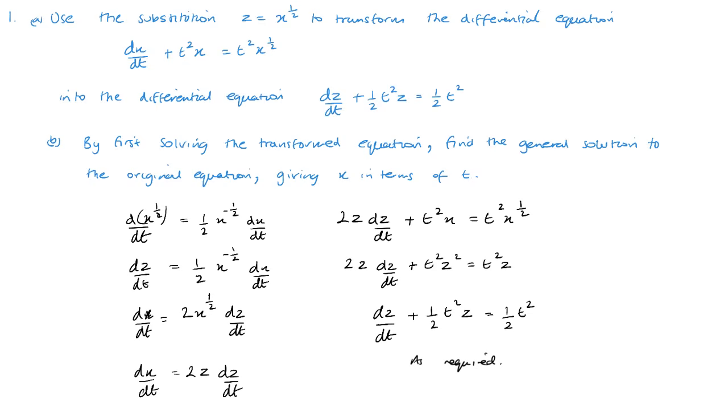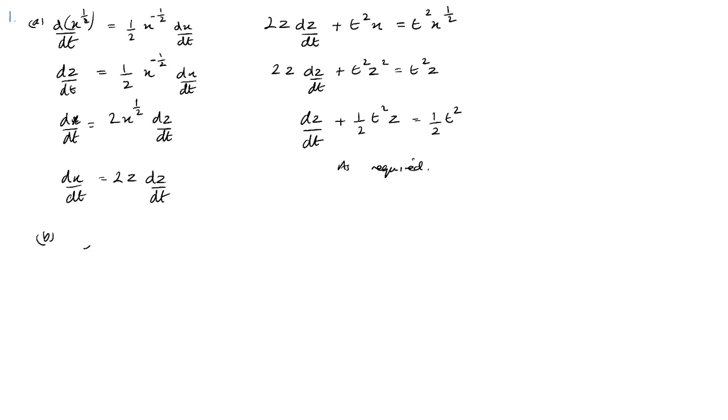Now all that's left to do is basically finish the question off for part B, solve it, and then find the general solution to the original equation, giving x in terms of t. So let's find the integrating factor. So we're going to integrate a half, take that outside, t squared, normally x, but in this case it's t.